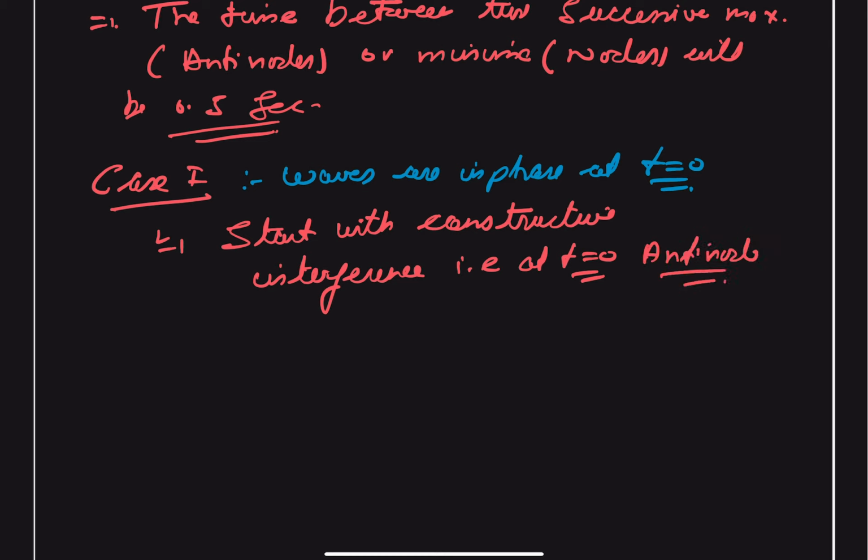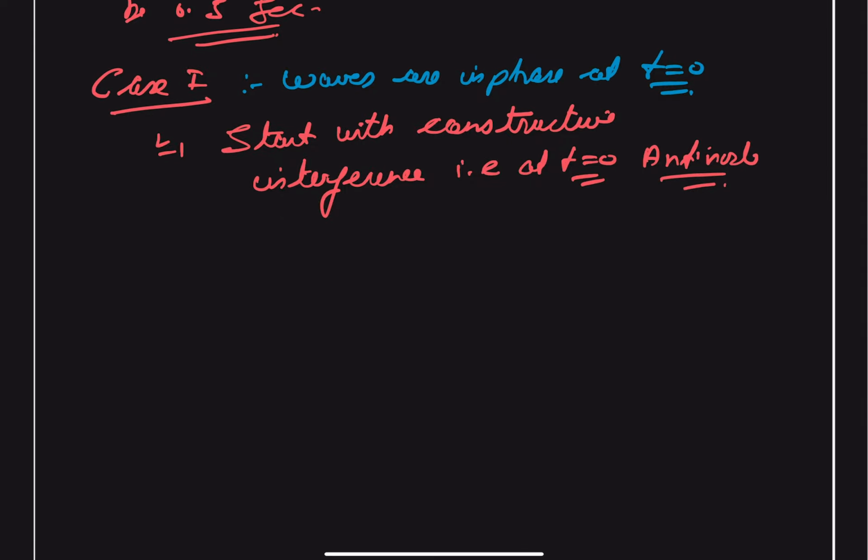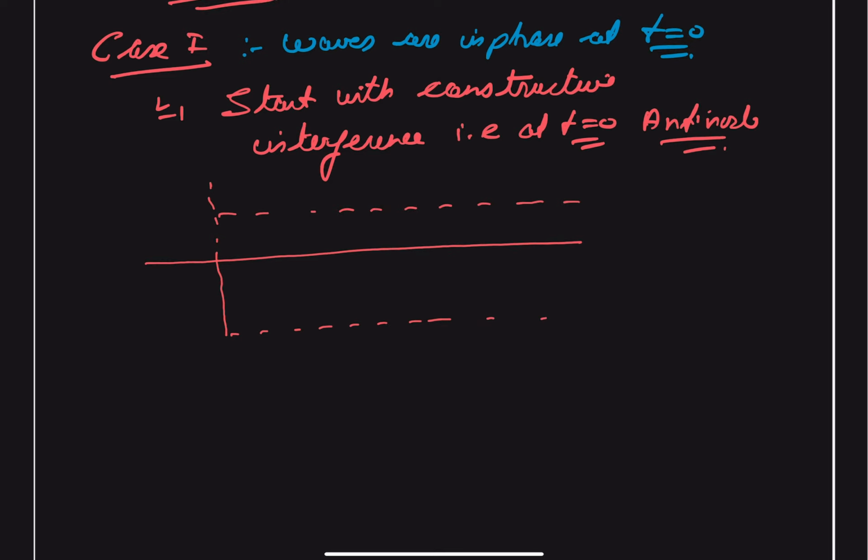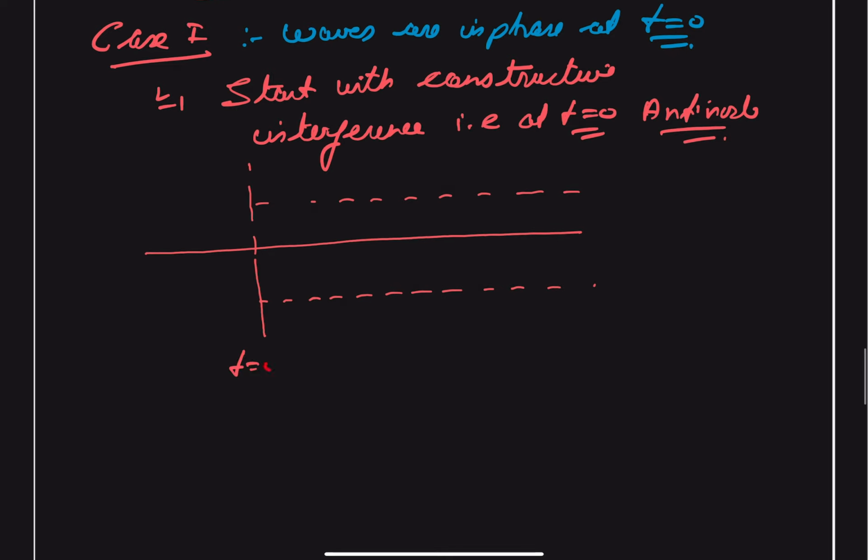So we can draw an approximate figure for that, and then we can just merge the figure with the given one. So this is our t is equal to 0, and we have an antinode there. So let us start with the antinode, and it will be going something like this.